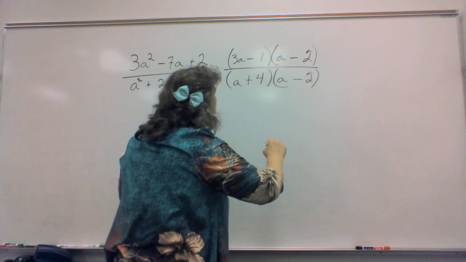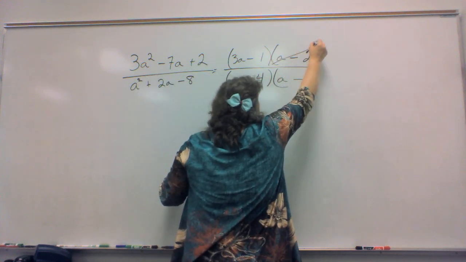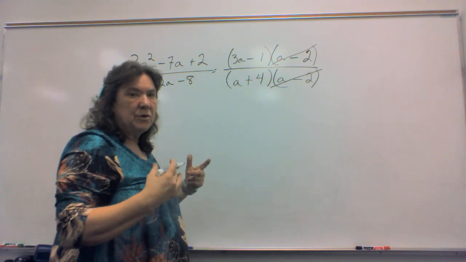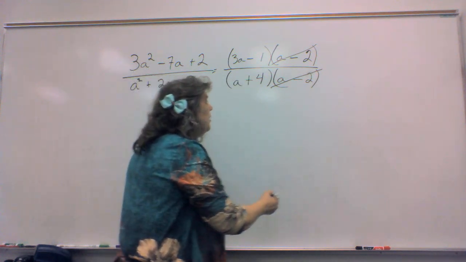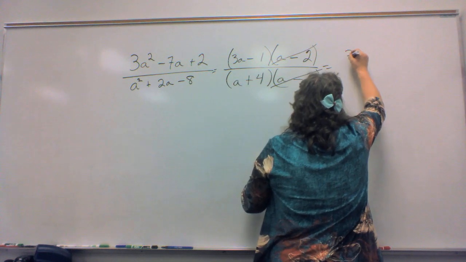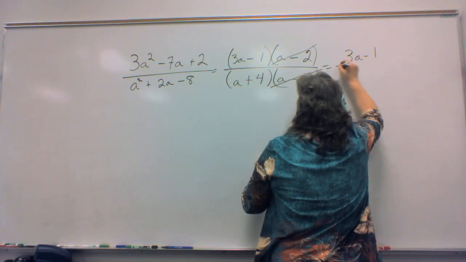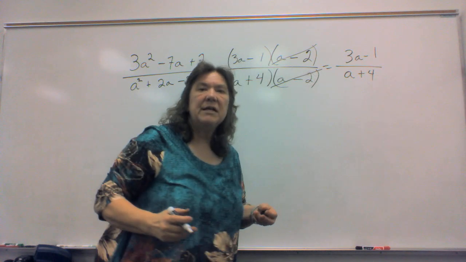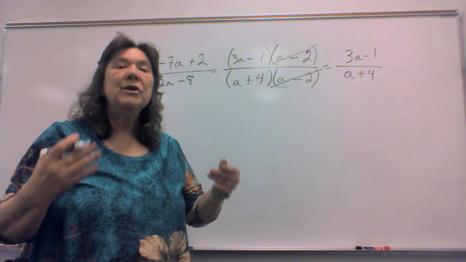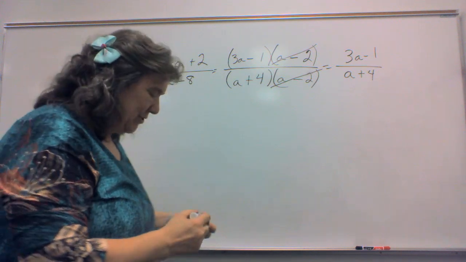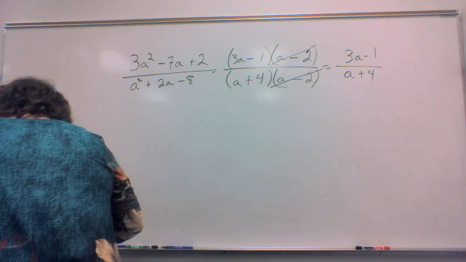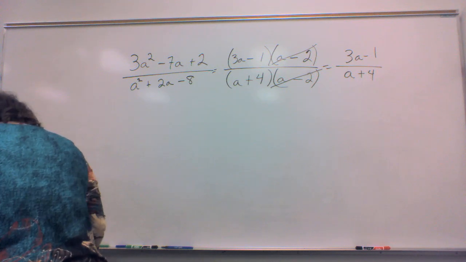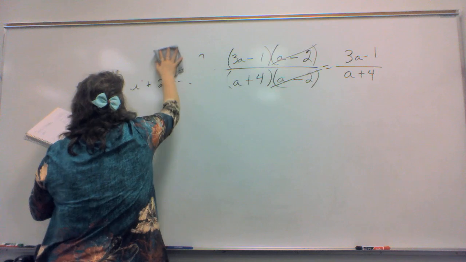Now notice, I have an a minus 2 up here and an a minus 2 here. So those two equal 1, and you are left with 3a minus 1 over a plus 4. As you can see, they're easy to simplify when you factor. So you have to factor before you simplify. Let's look at another one.